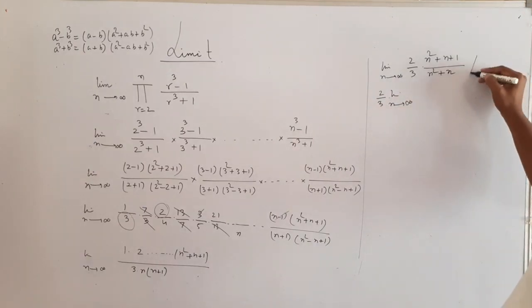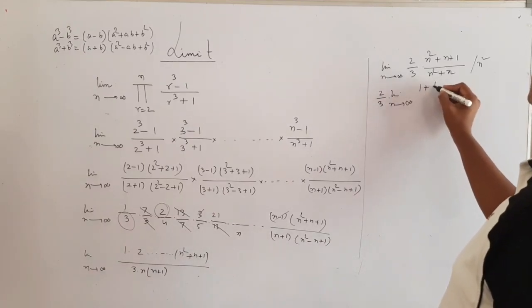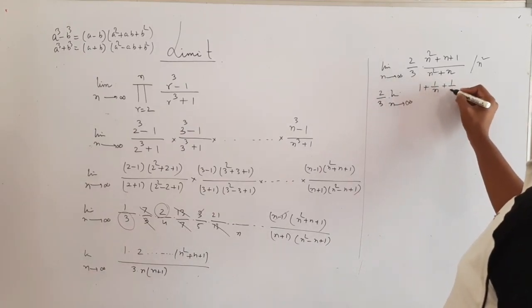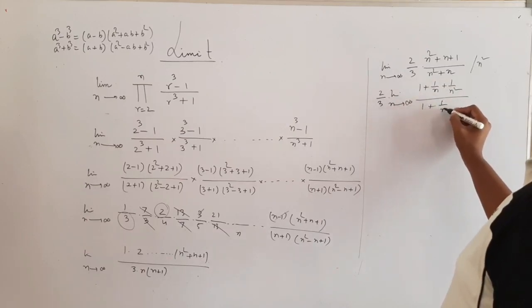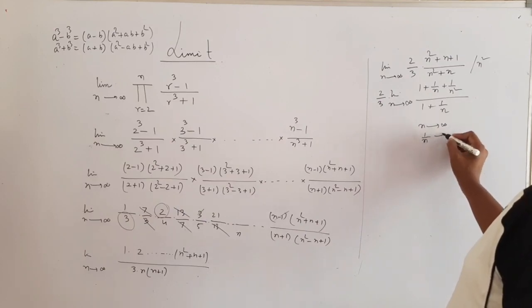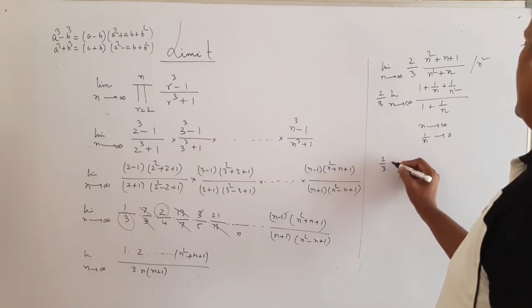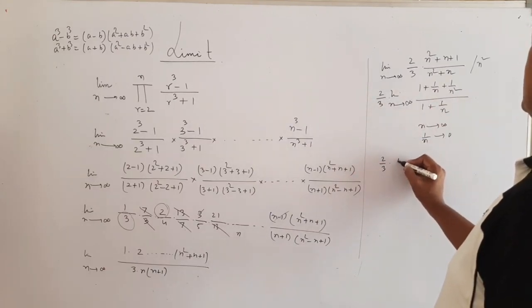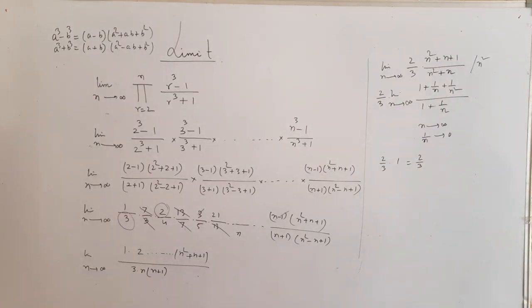Now I will divide both numerator and denominator by n square. So I get (1 plus 1 by n plus 1 by n square) over (1 plus 1 by n). Since n tends to infinity, 1 by n tends to 0. So you will get 2 by 3 into 1, and your answer will be just 2 by 3.